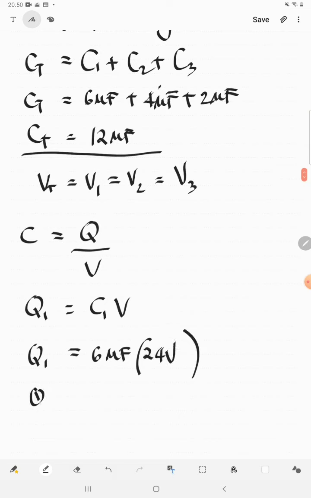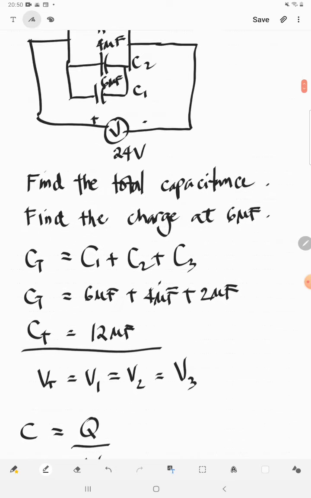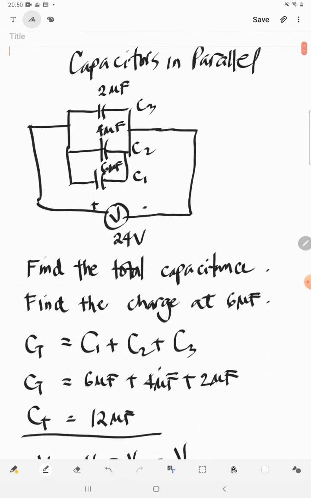Therefore, charge Q1 is 144 microcoulomb.